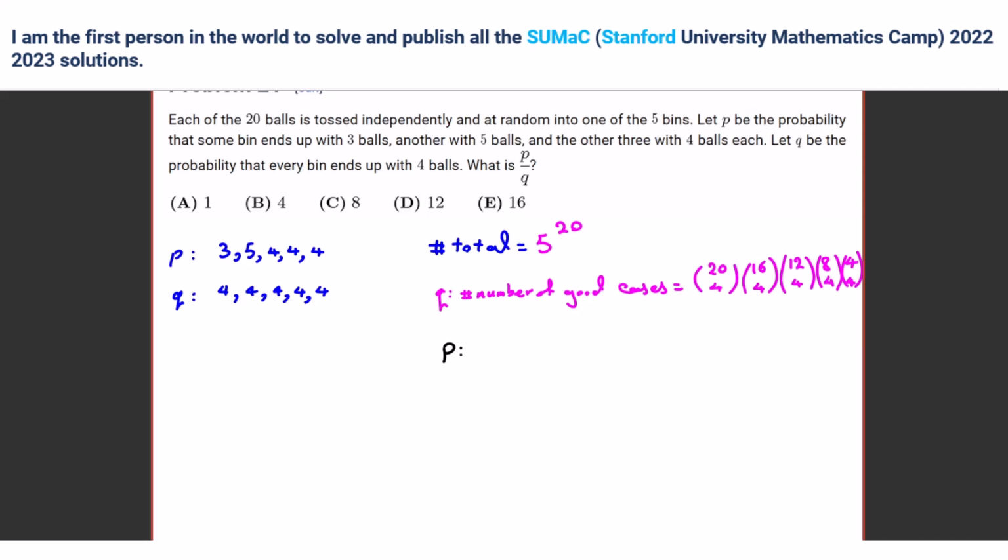What's the number of good cases for P? 20 choose 3 times 17 choose 5 times 12 choose 4 times 8 choose 4 times 4 choose 4. When you say 20 choose 3, you should determine which bin these 3 students that you selected go to. So should it be times 5?